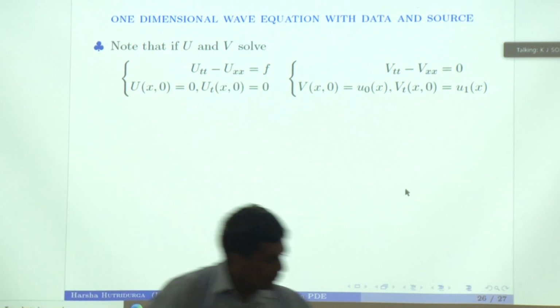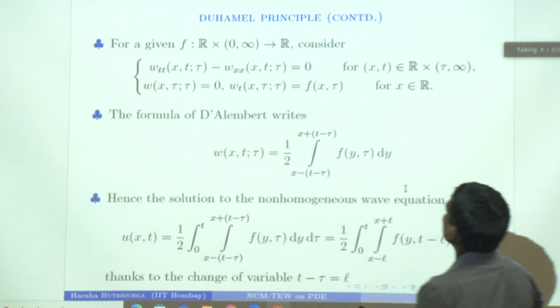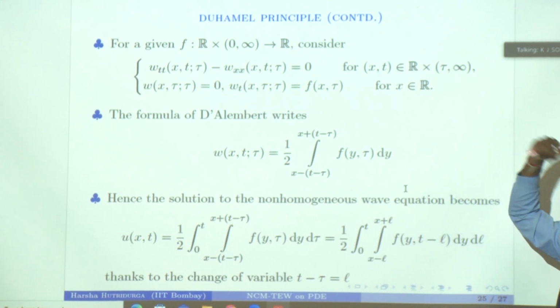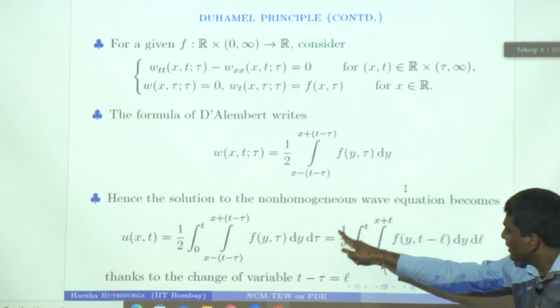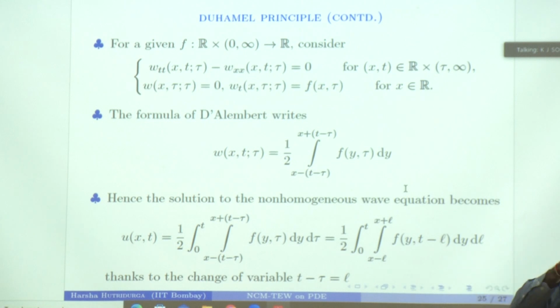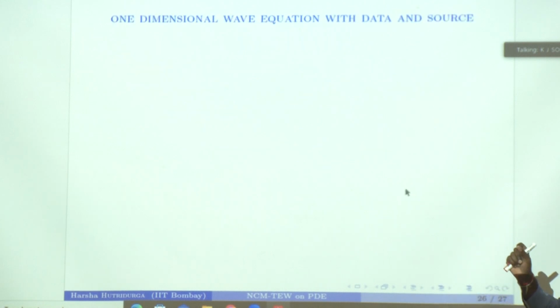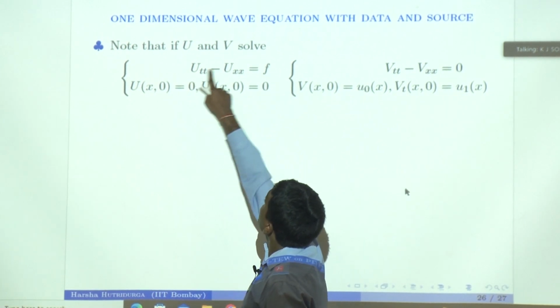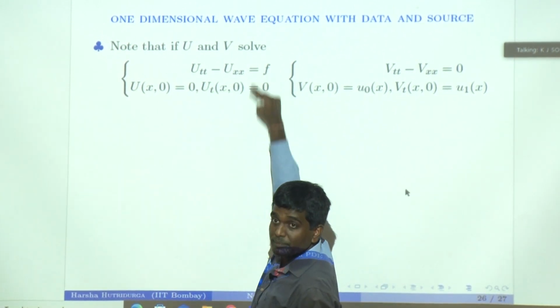In the previous slide, we derived a formula. This is the formula. If somebody gives me a little f, this is the solution to the wave equation with that as the source term with zero initial conditions. It has got that structure. We have an expression for capital U just in terms of f.